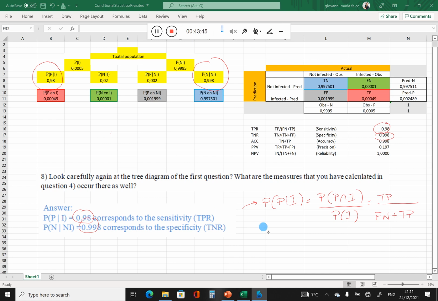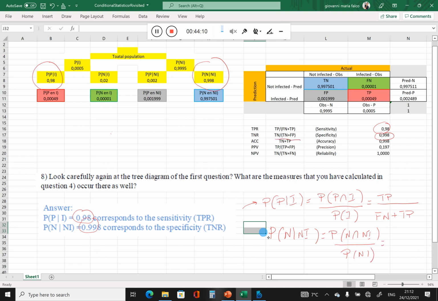And the same is true for the specificity. The probability to be negative given that you are not infected is equal to the probability negative and not infected divided by the probability to be not infected.